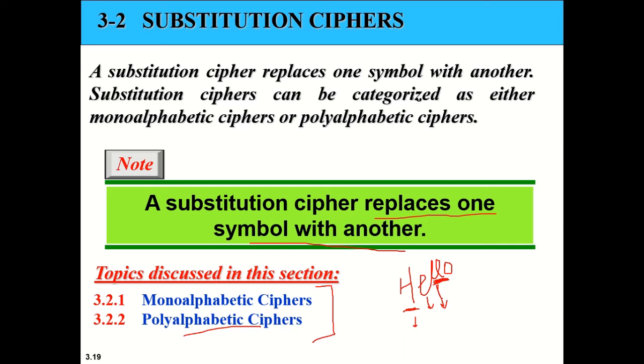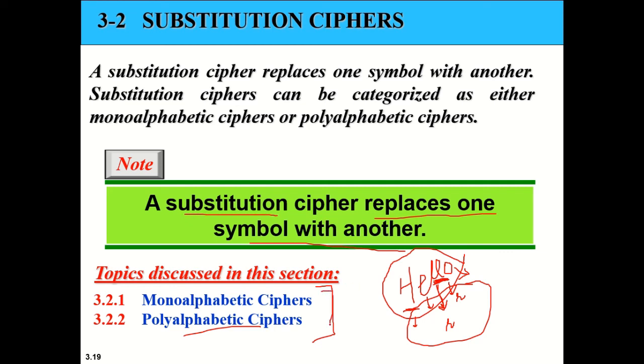So if this L is being replaced by R, each and every L will be replaced by R only. Next this O will be replaced by any other alphabet. So instead of sending hello, I will send this replacement message which I have done over here. That is why we call it substitution cipher, because we replace one symbol with another.